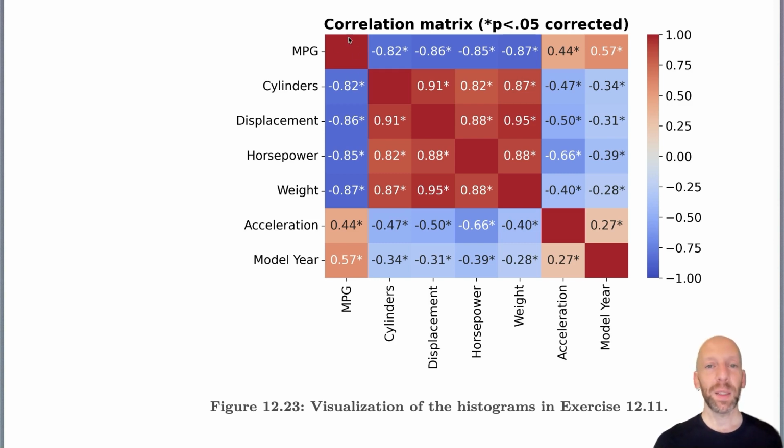First of all, you can see that the diagonal elements contain no number. That's because the correlations on the diagonal of the correlation matrix are trivially equal to 1, right? Miles per gallon is correlated perfectly with miles per gallon. So there's no point in displaying any number on the diagonal. So you want to remove those numbers.